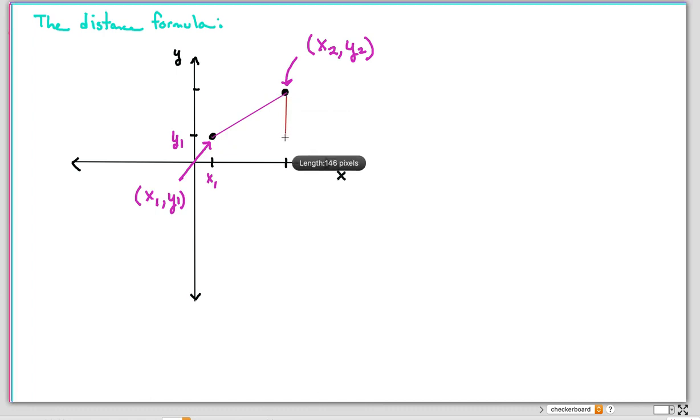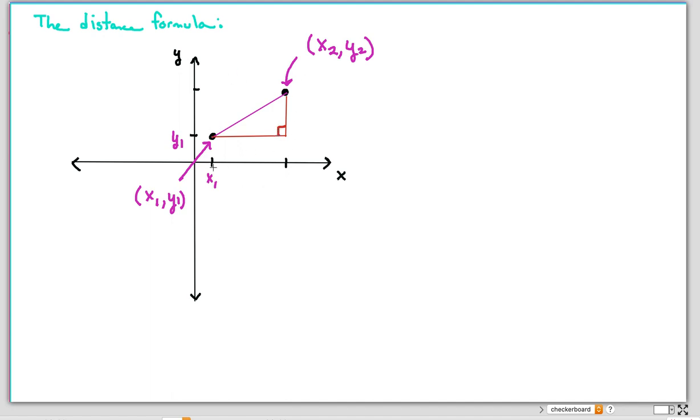I could say this line going down, and then I could draw another one and complete this triangle right here. I can always do that for any two points. It doesn't matter which two points I pick, where this is a right angle.